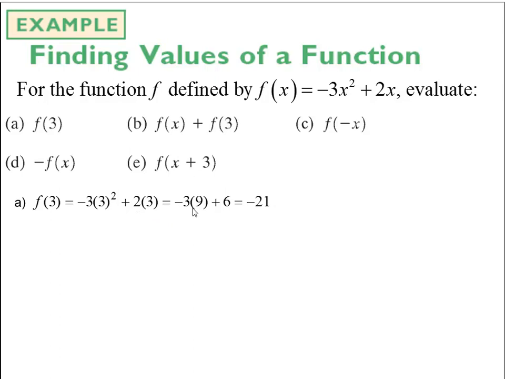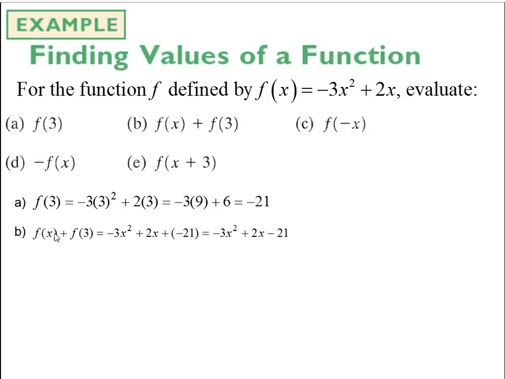So I have negative 3 times 9, which is negative 27, and then plus 6 is negative 21. So if I plug 3 into my function machine, I get a function output of negative 21.